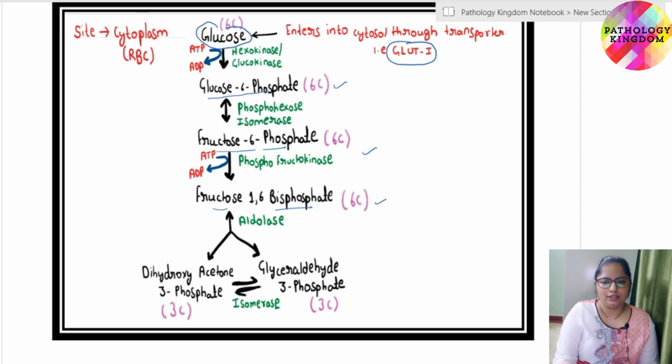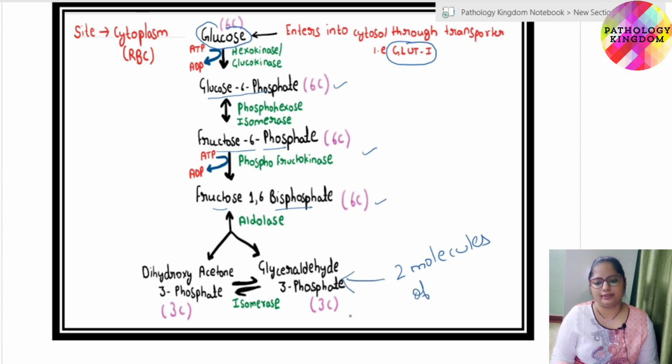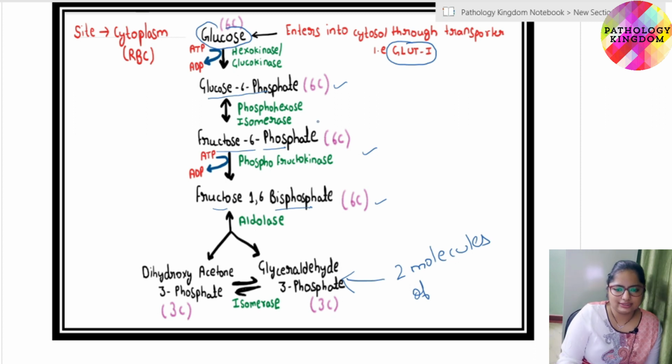So at the end of this phase, we have 2 molecules of glyceraldehyde 3-phosphate containing 3 carbons. And also remember, this is the energy consumption phase.